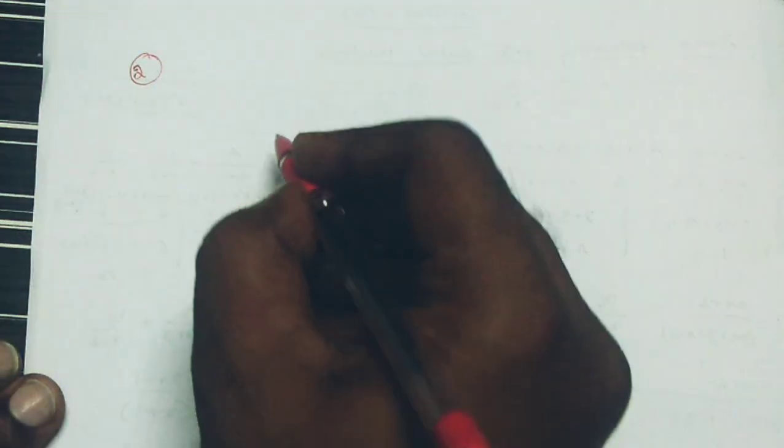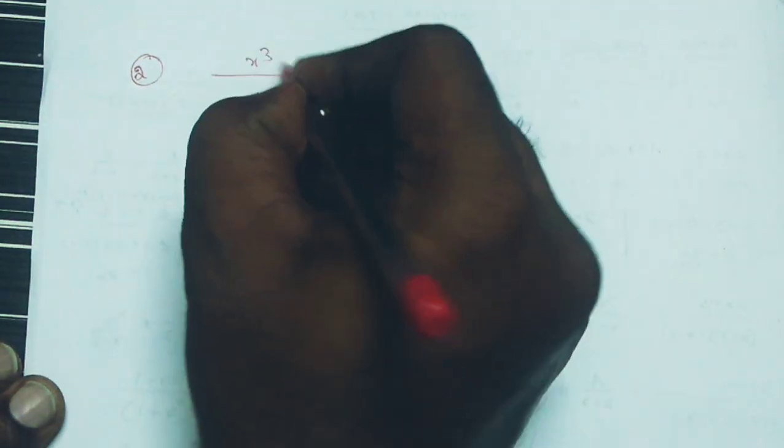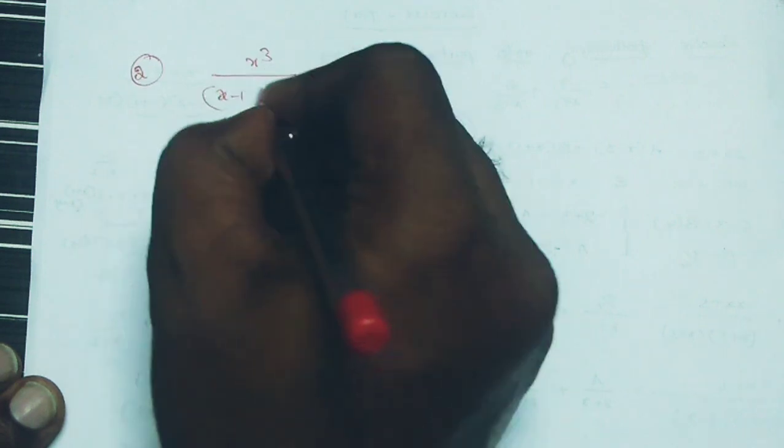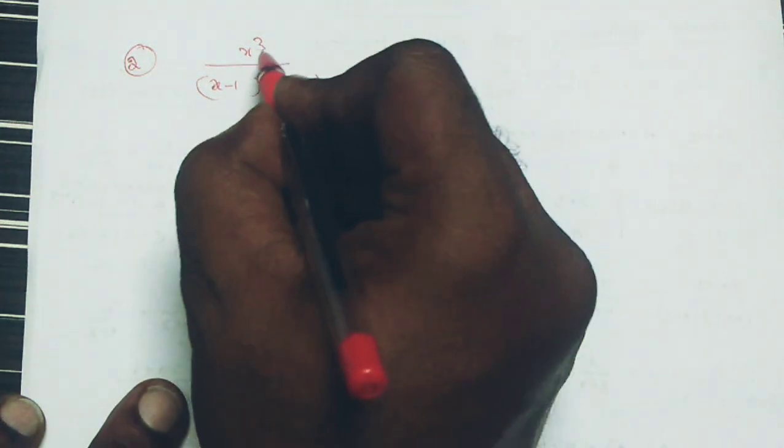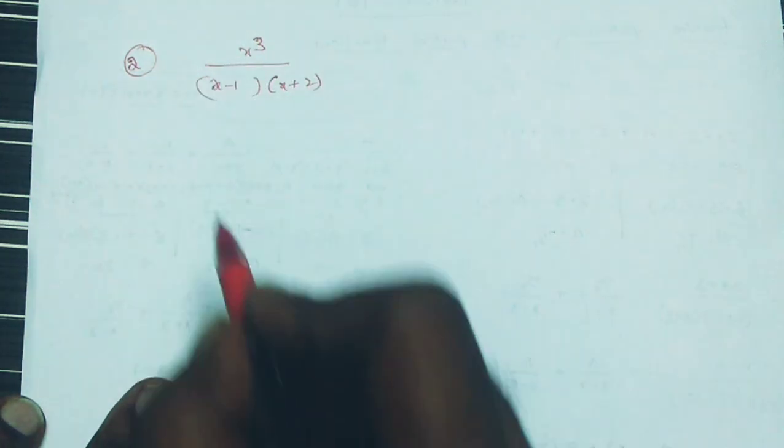Second problem given is x cubed by x minus 1 into x plus 2. Look here, degree of f of x is 3.